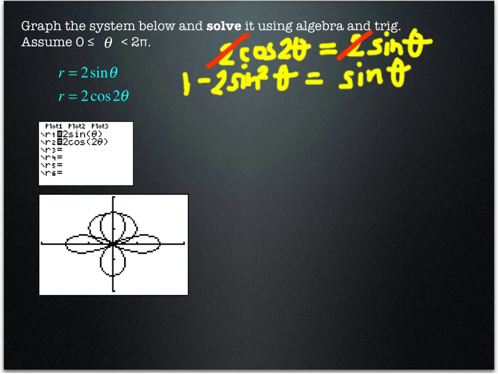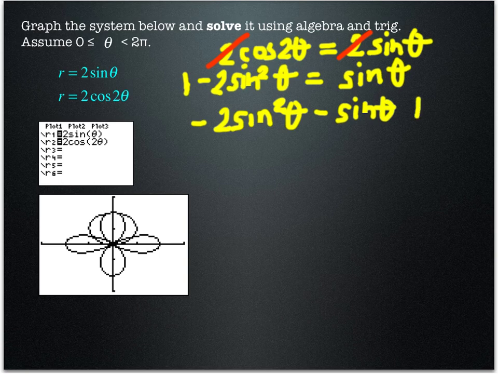Now I'm just going to rearrange everything on the left side. At least I have everything with sines now, so I have 2 sine squared minus sine of theta plus 1 equals 0. I can hopefully now be able to factor that. I don't really like all those negative signs, so I think I'm going to change those.